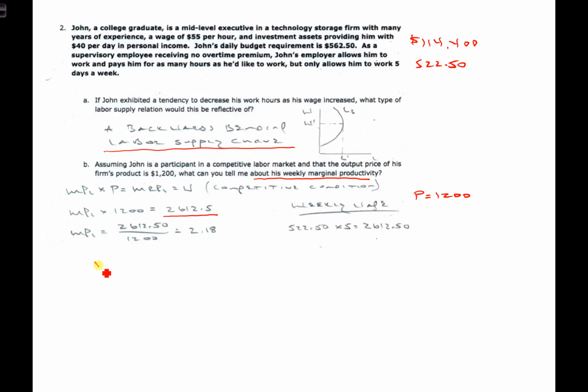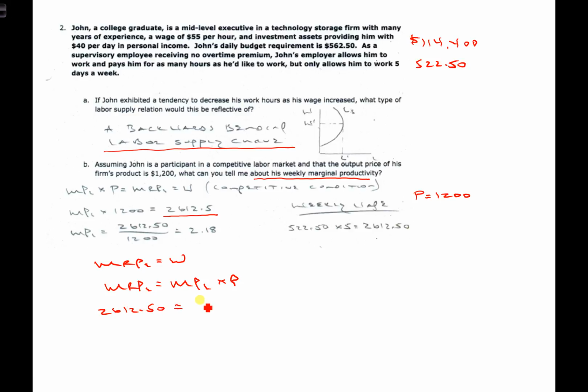Well, if we have MRP of L equal to his wage, I can now think of some metric that lets me find marginal product of labor, because MRP of L equals marginal product of labor times the price of the output good. Well, I know that this now is 2612.5.